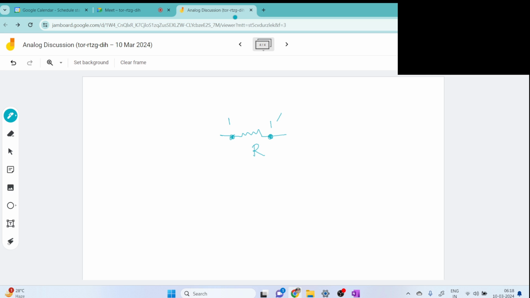Now, if we apply a voltage source there, let's say the value is Vx, and this voltage is V1 and this is V1 dash. We know that V1 minus V1 dash is nothing but our Vx voltage.